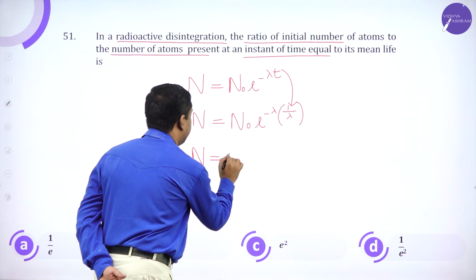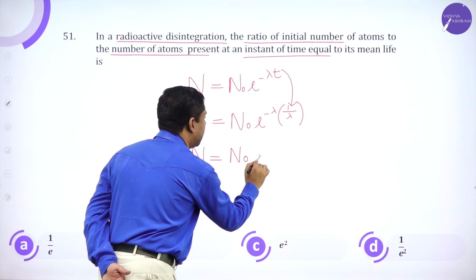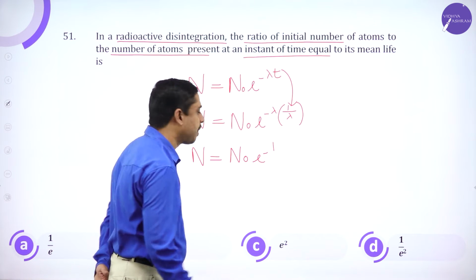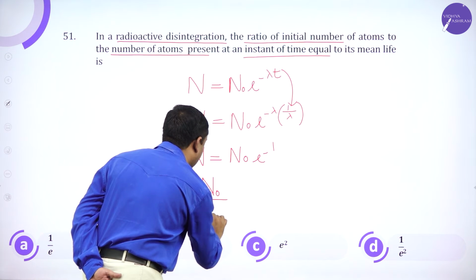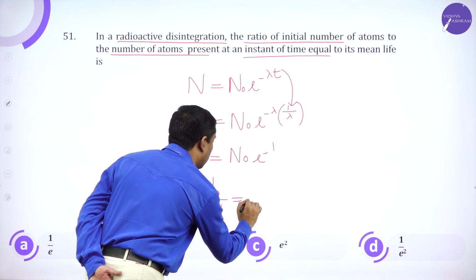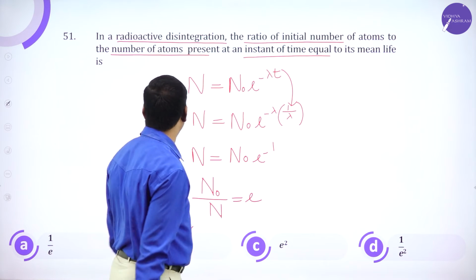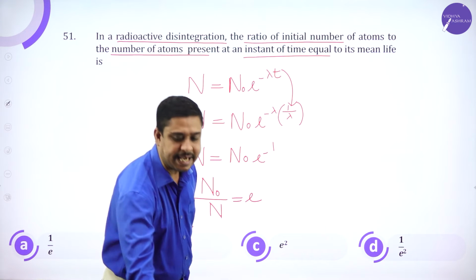So N is N naught e to the power minus 1. So the ratio of initial number of atoms to the number of atoms that remain is e.